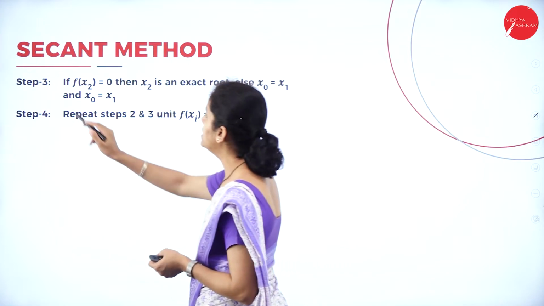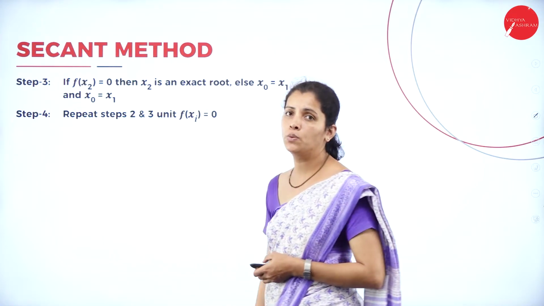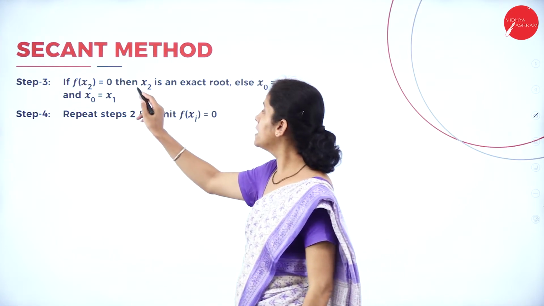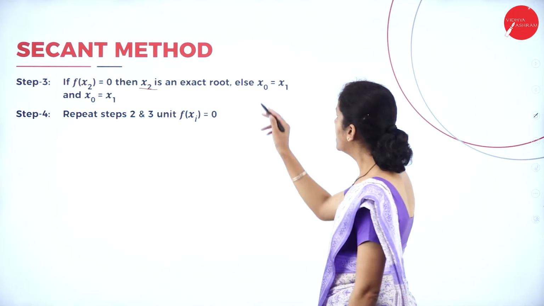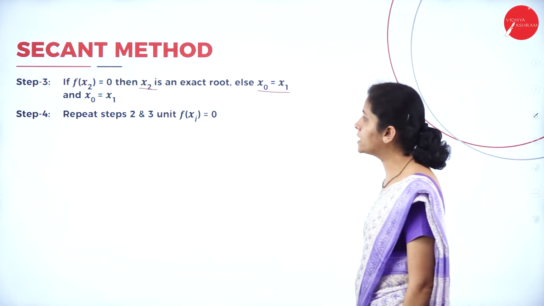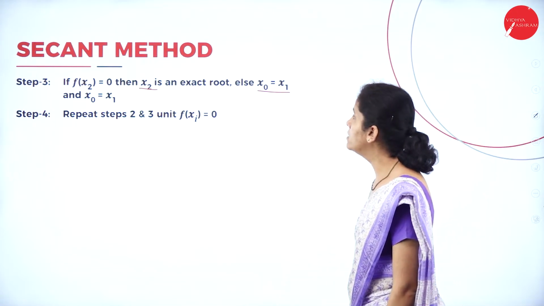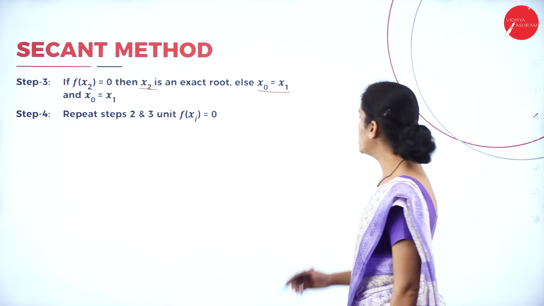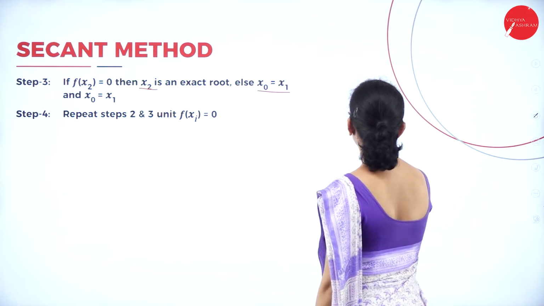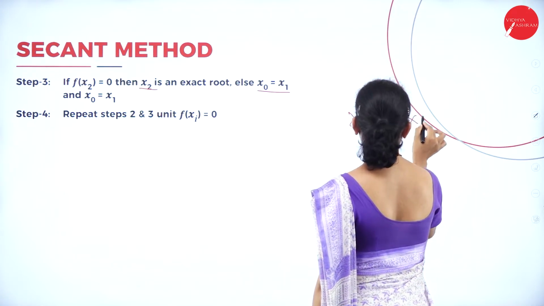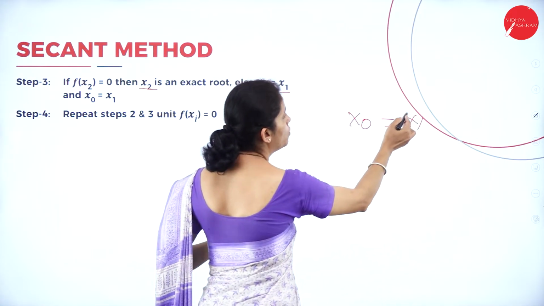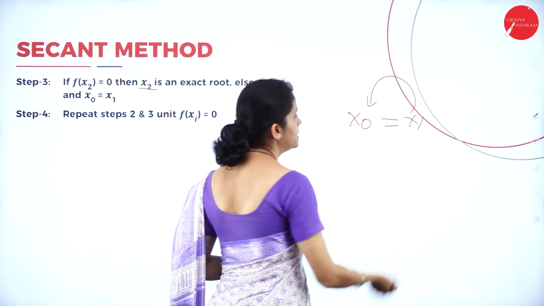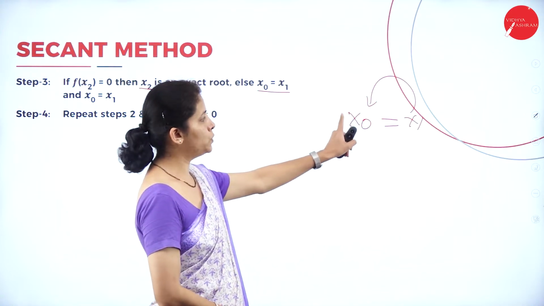That is, if f of x2 equal to 0, then x2 is an exact root. Else x0 equal to x1. I'm just going to move whatever value is present in x1 to x0.